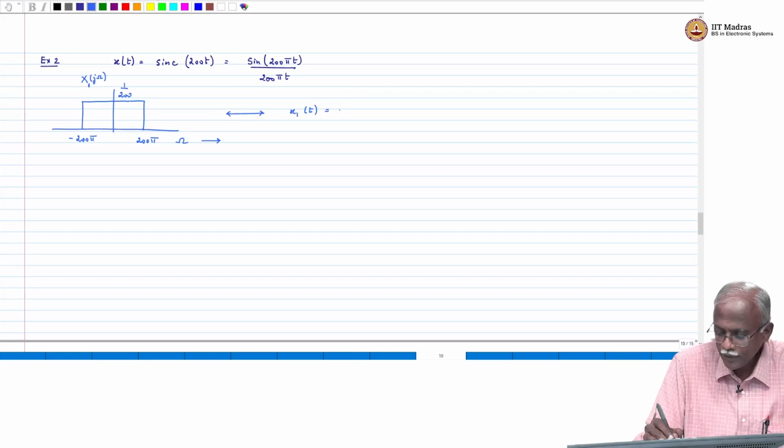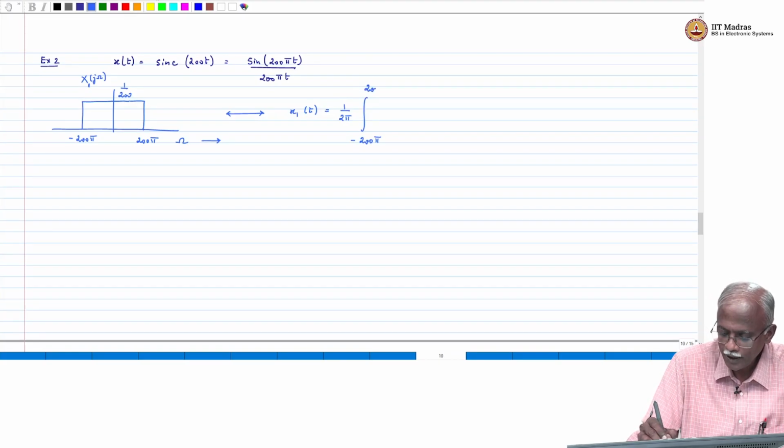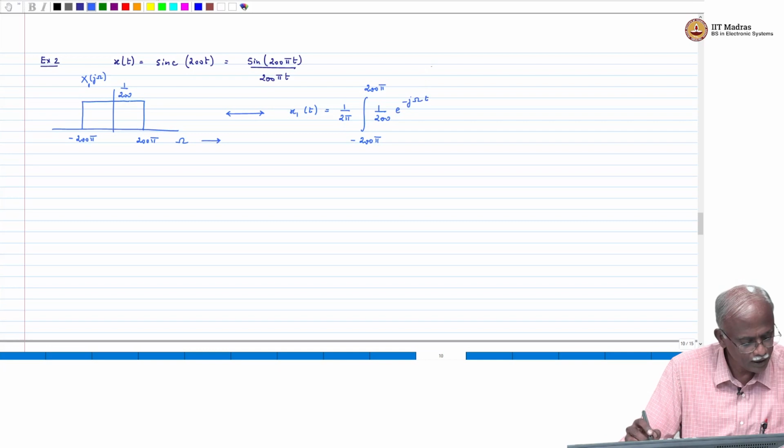The way we would do it is the inverse Fourier transform: 1 over 2 pi, integral from minus 200 pi to 200 pi. The scale factor is 1 over 200, a constant, there is no other function, e power minus j omega t d omega.